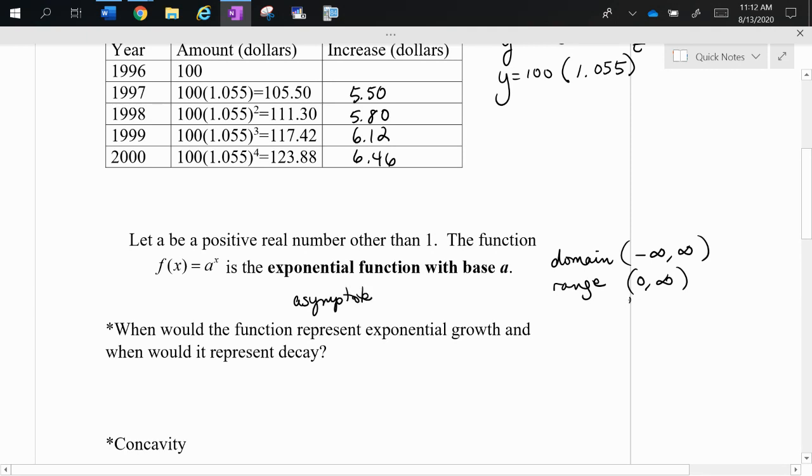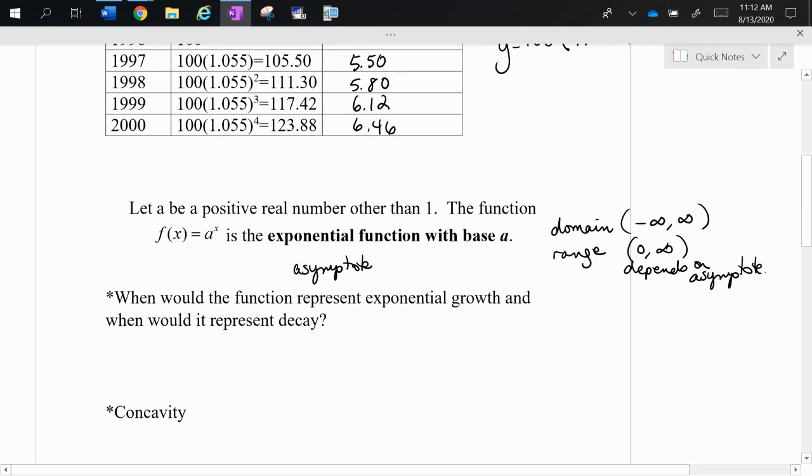And the range always depends on where the asymptote is. We remember we have y equals a times 1 plus r to the t power. We also remember that in exponential functions, we deal with the APR formula a lot. That's going to come up.